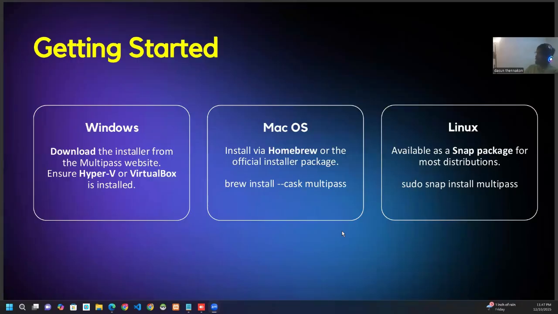So getting started, Windows users can download the installer from the Multipass website. Ensure Hyper-V or VirtualBox is installed. So the macOS users install via Homebrew or the official install package. brew install --cask multipass.